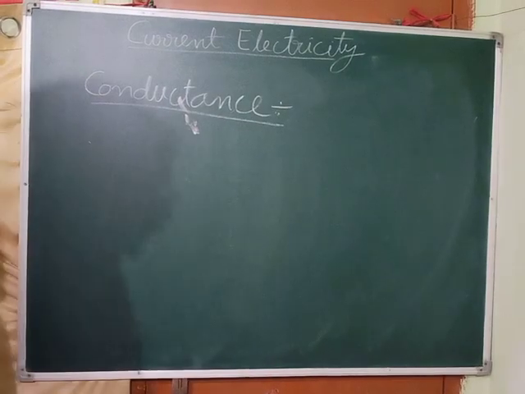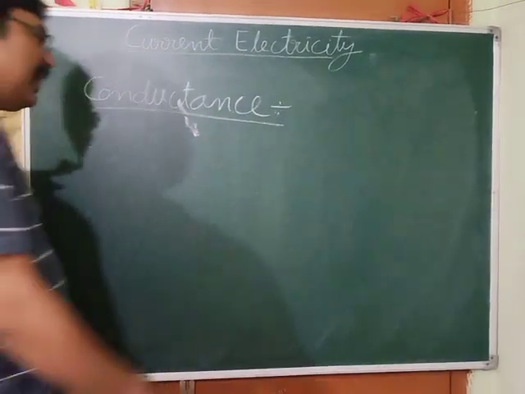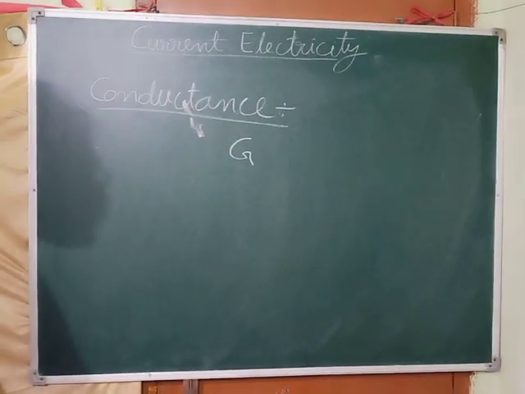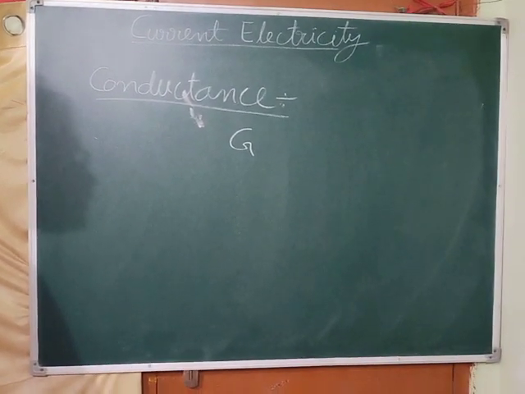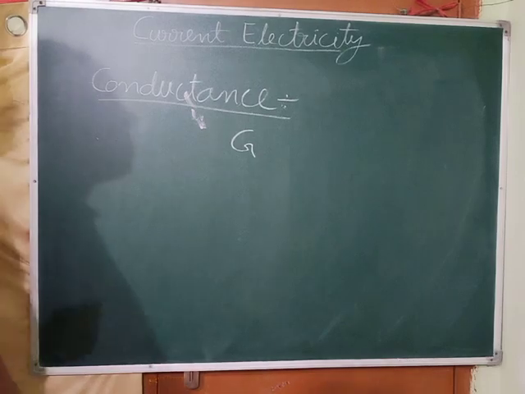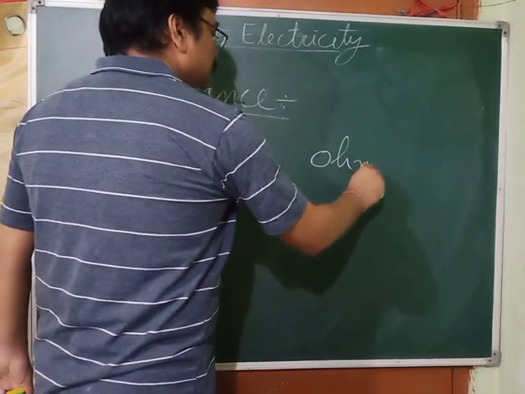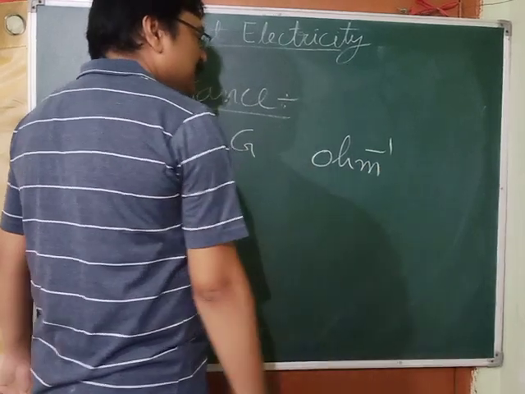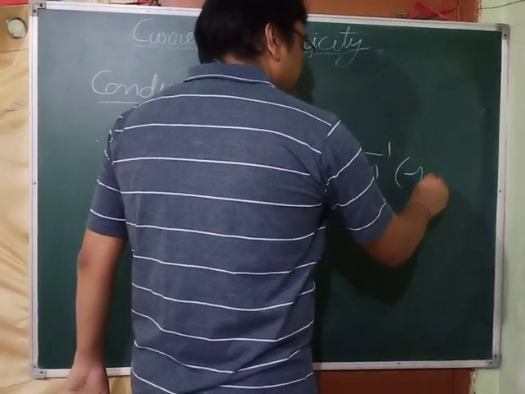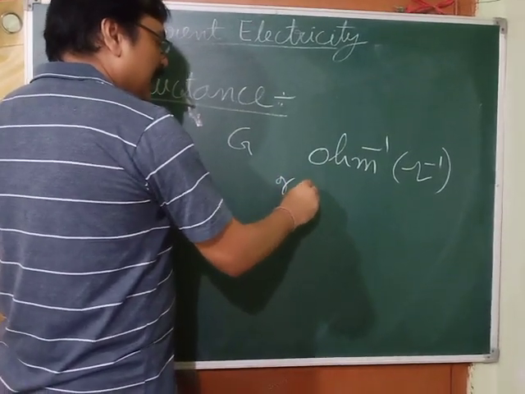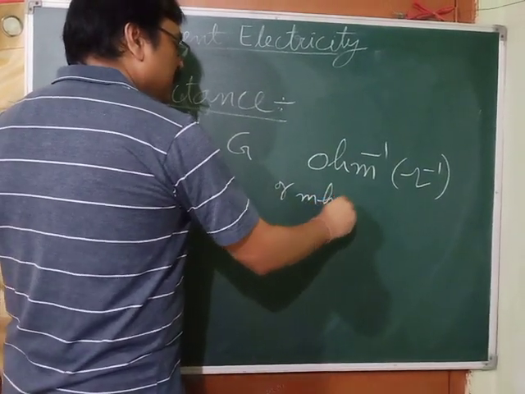It is a scalar quantity denoted by G and has SI unit ohm inverse, that is, or mho.